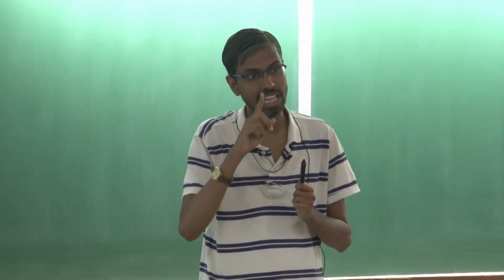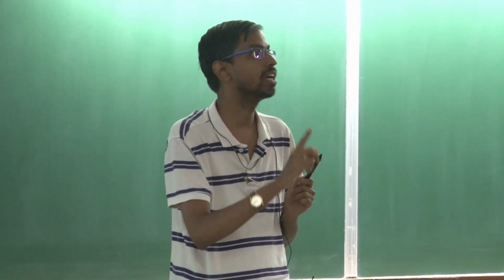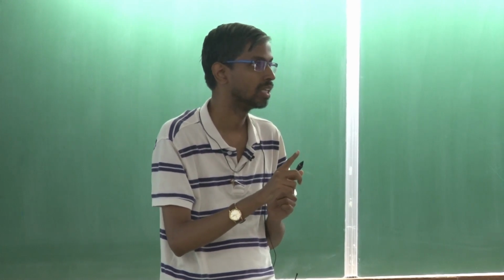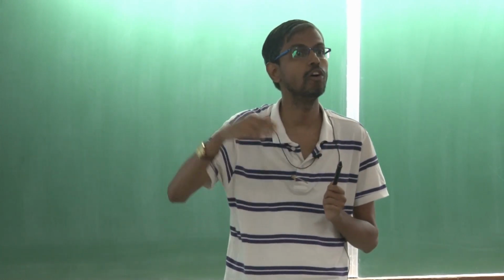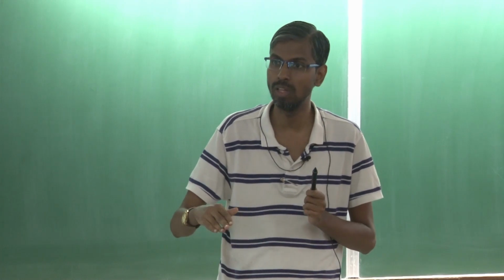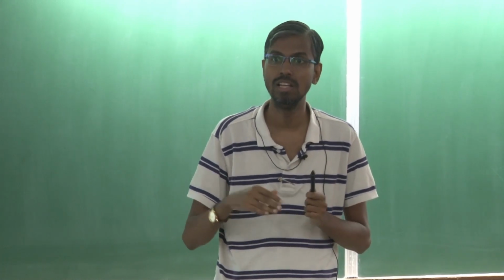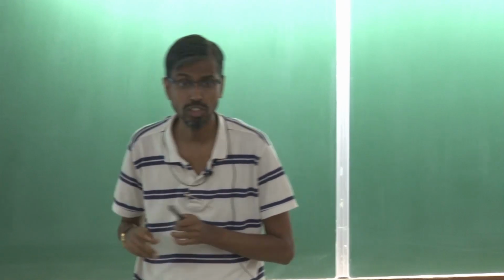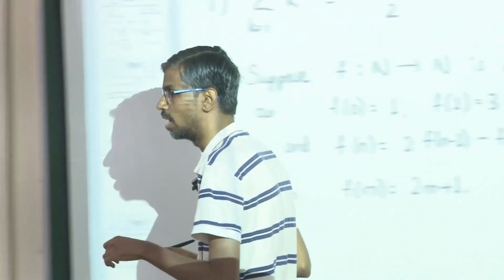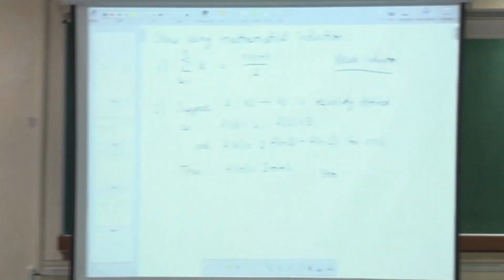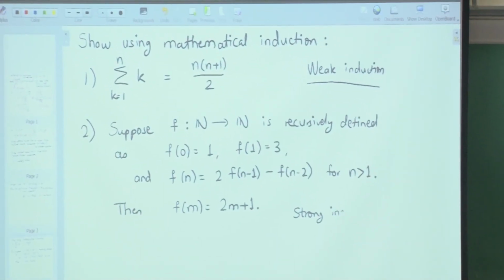This one-step effect is called weak induction. And when you assume it for everything below that number, then it is called strong induction. So let me write down these 2 properties. Here we can use weak induction, and the method of proof we need here is called strong induction.